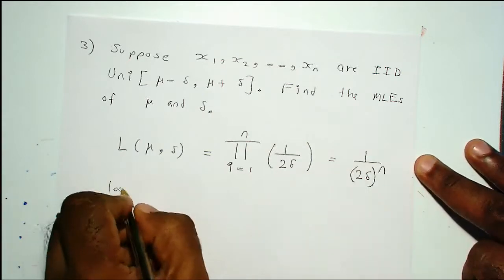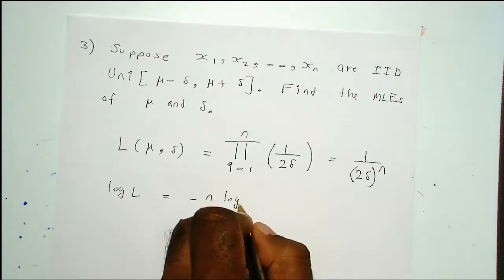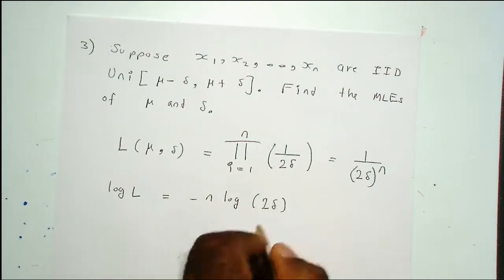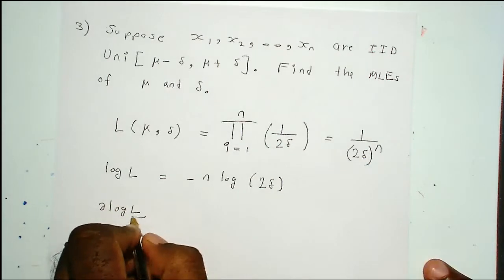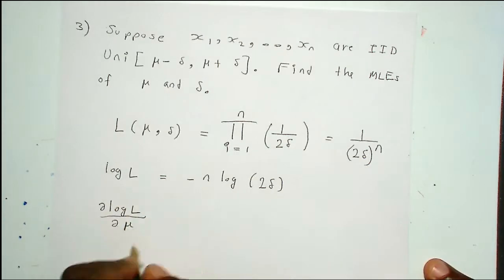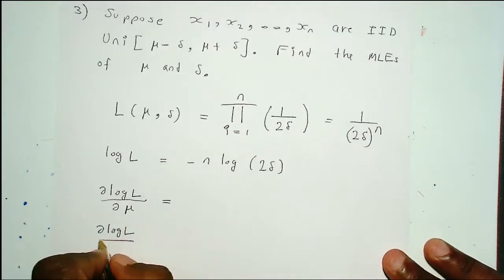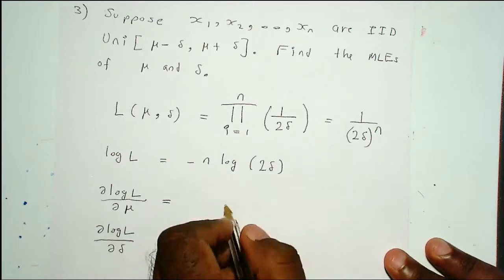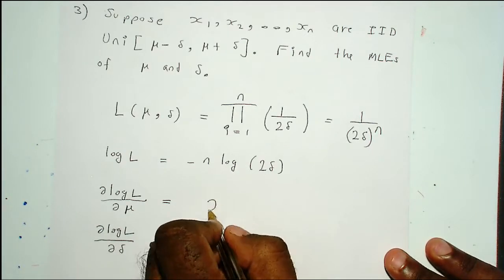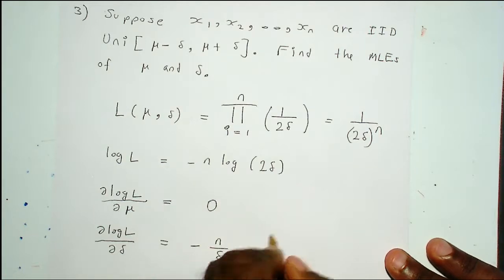Taking the log of the likelihood, you get minus n log 2 delta. Partial derivative with respect to mu, partial derivative with respect to delta. With respect to mu, it is 0. With respect to delta, it is minus n over delta.